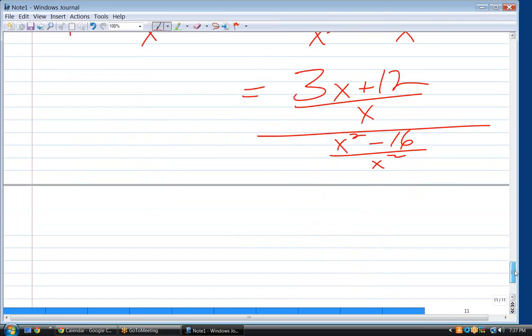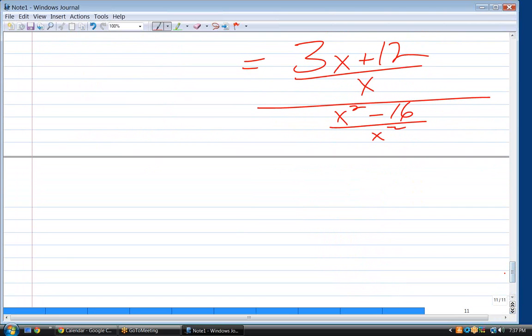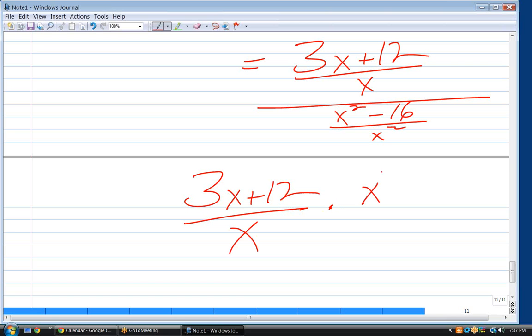Now let's simplify this. How do I simplify this? You flip the denominator and multiply. So I've got this times x squared all over. I'm going to factor that while I see it because I see that that's going to cancel out.